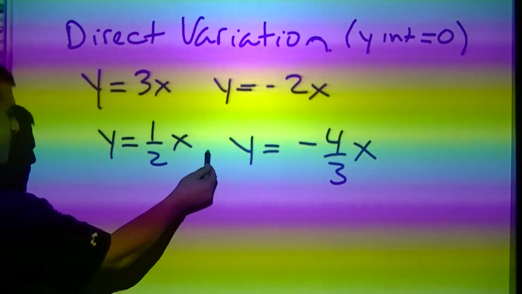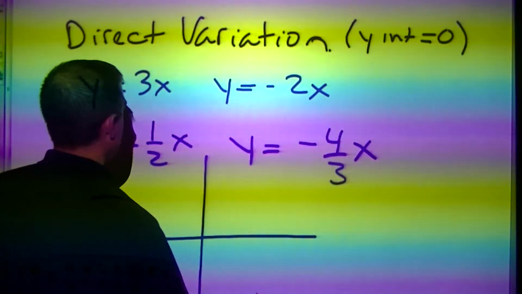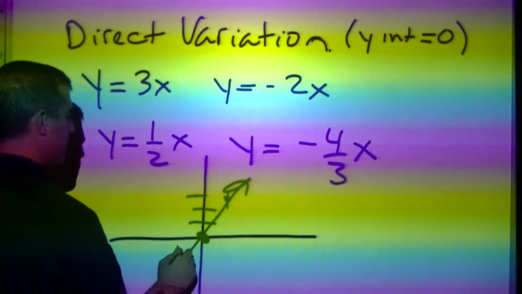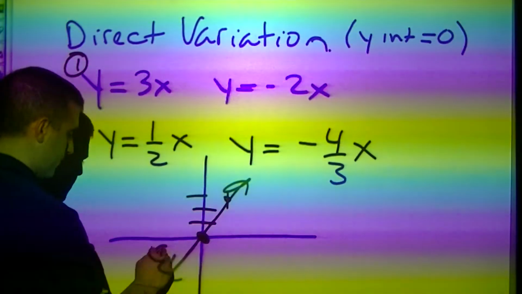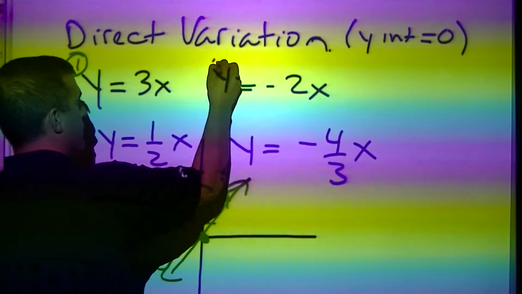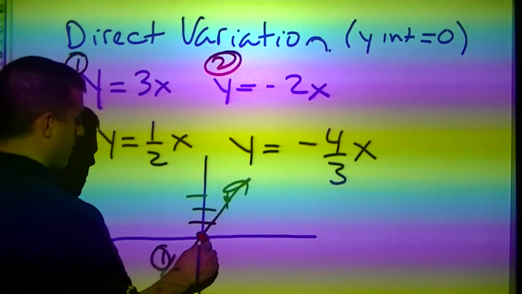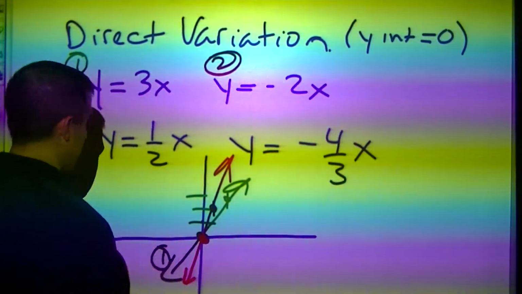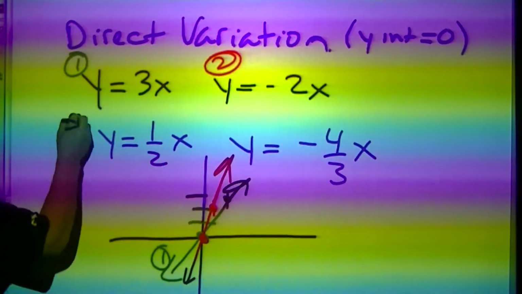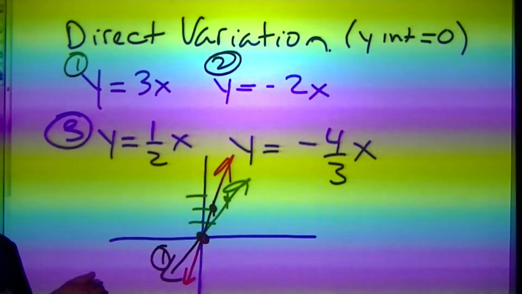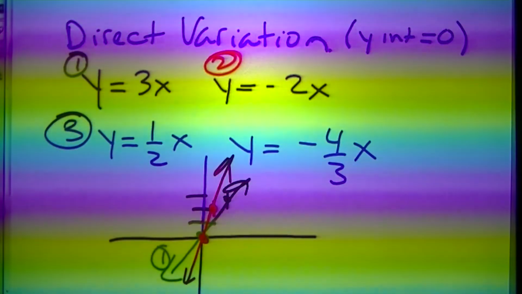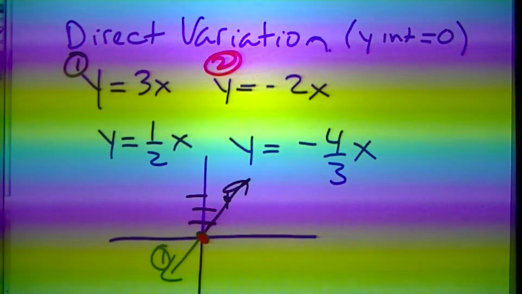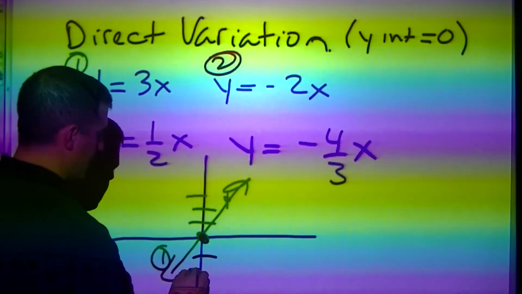So what that means for me on each one of these graphs is, if I was graphing that, I start here, then up 3 over 1. Let's say this is graph number 1 in green. Let's say this is graph number 2 in red. Up 1, 2 over 1. Oh, whoops, I did the red one wrong. Hold on. Let me go back. I should have gone down 2 to the right 1.